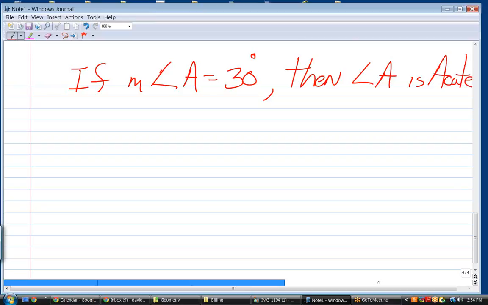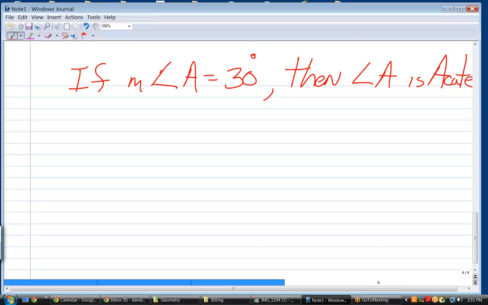I've always felt like they should not teach reasoning and proofs until the end of geometry. Let everybody go through the easy part first. And that's why all summer we didn't even deal with this. We dealt with angles, lines, circles, quadrilaterals, stuff like that.